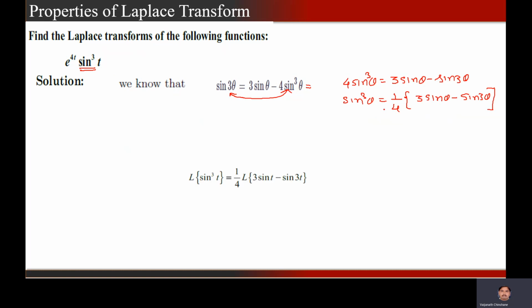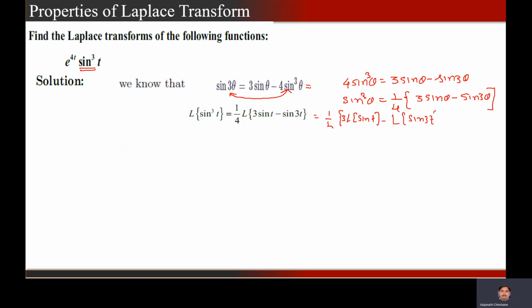So using this formula, Laplace of sine cube t is equal to 1 by 4 Laplace of 3 sine t minus sine 3t, that is 1 by 4 into 3 outside Laplace of sine t minus Laplace of sine 3t, right?